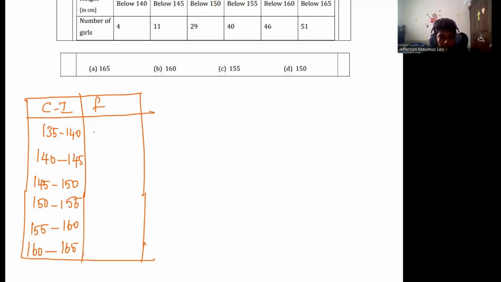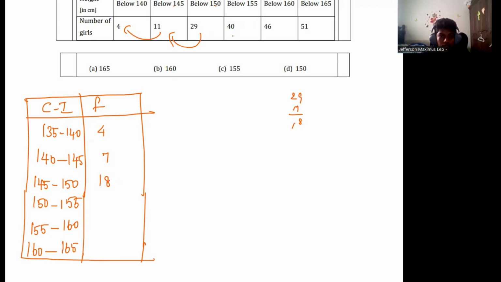Now frequency. Below 140, that is 4, correct? Below 145 means 11, so 11 minus 4 is 7. Then 29 minus 11 is 18.